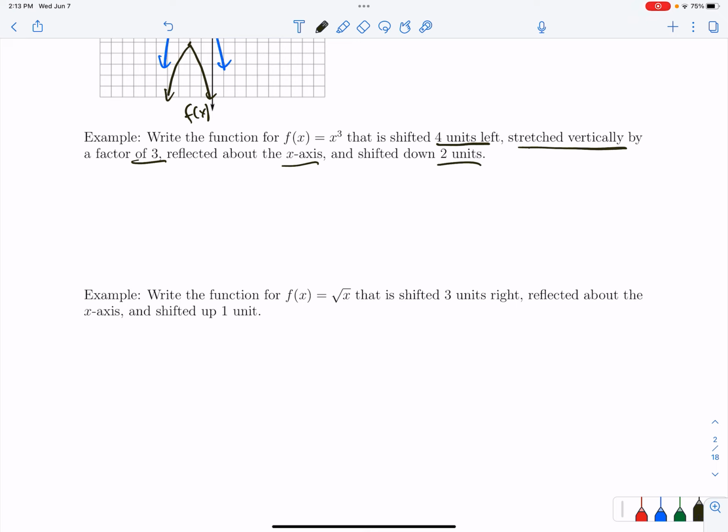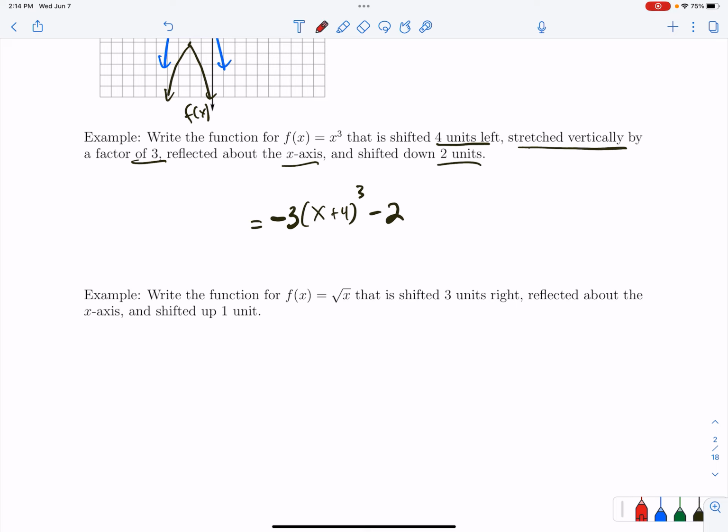So we'll say 4 units left is going to be x plus 4 cubed. Stretch vertically by a factor of 3. We're going to put a 3 in front. Reflected about the x-axis, so that's a vertical reflection. So our negative goes there, and then we're going to go down 2 units. So that's what the equation of our new function would look like.